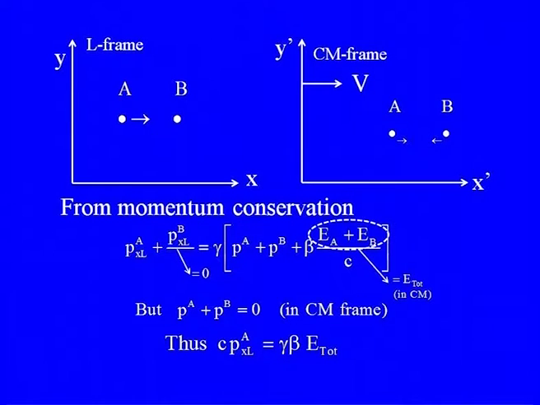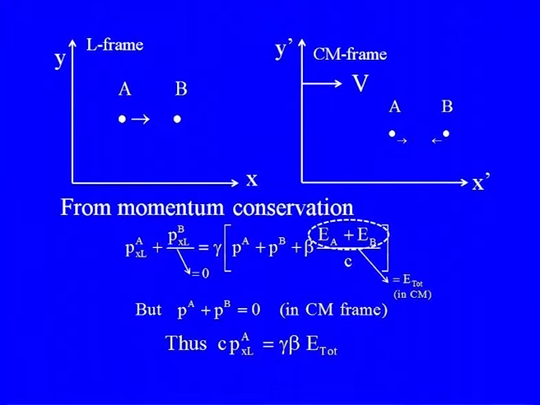By the way, remember that the momentum of particle B is 0, so PBxL is actually 0. So that's equal to gamma times (PA plus PB) plus beta times (EA plus EB) by c.